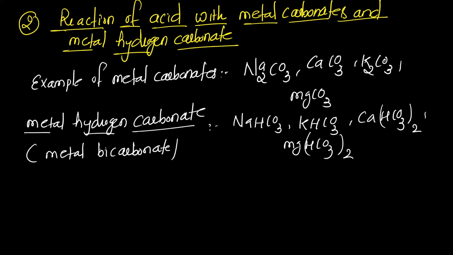These are some of the examples of metal hydrogen carbonate. Now we'll come to the actual topic: when acid reacts with metal carbonates or metal bicarbonates, we get the same products, that is salt plus water plus CO2 gas. First, always try to remember the general equation.